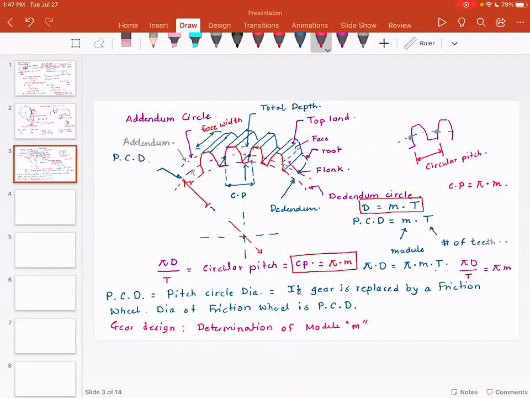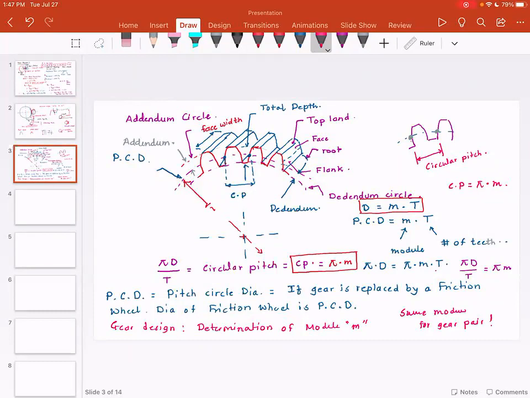For two gears to be in contact, they must have the same module. So if you have two gears that are used for power transmission, they must have the same module.